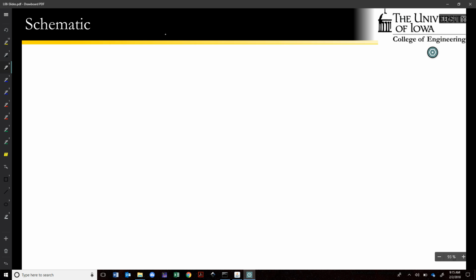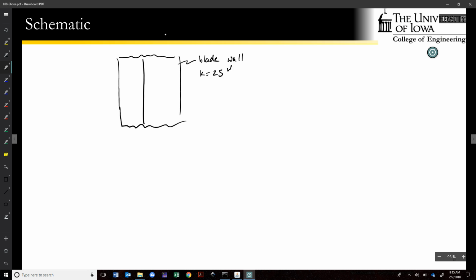To set this problem up, we're going to imagine we have our section of the blade. Over here we have the blade wall, with K of 25 watts per meter Kelvin, and it's going to have some temperature T_S3. We're working kind of backwards here.